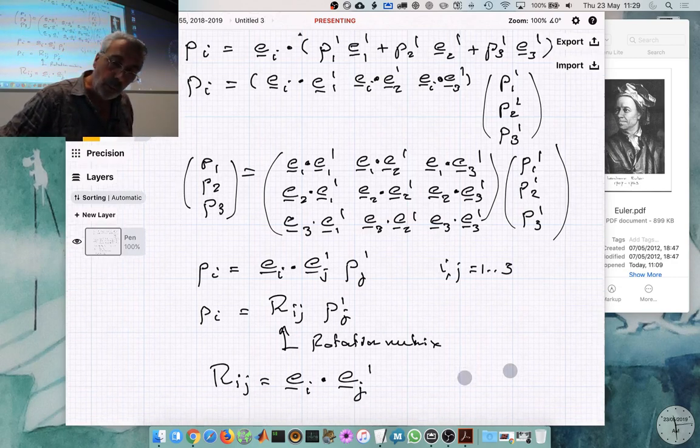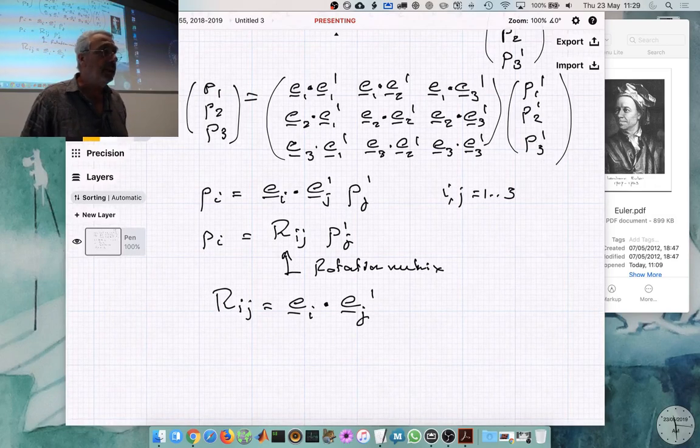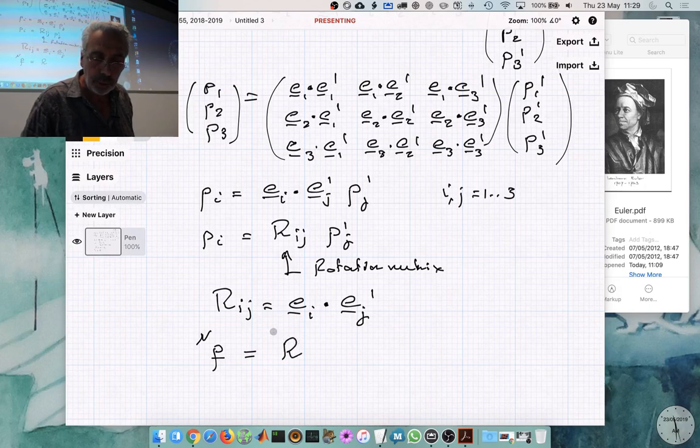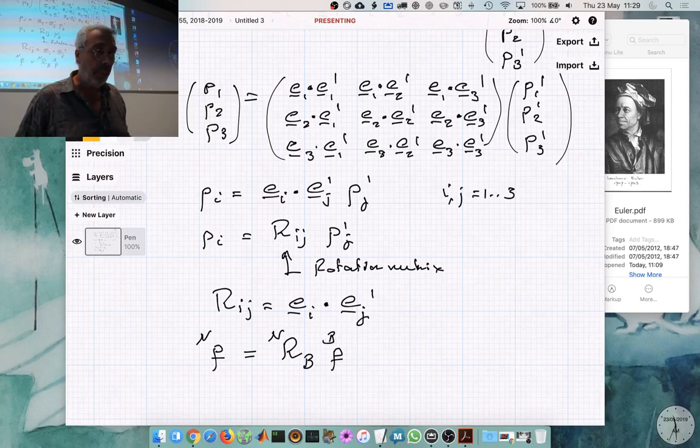And if we then go back to our handy notation about coordinates expressed in a frame, then we could say, okay, this vector components expressed in the inertial frame is a rotation matrix RNB, and these are the components expressed in the body frame. Yeah?